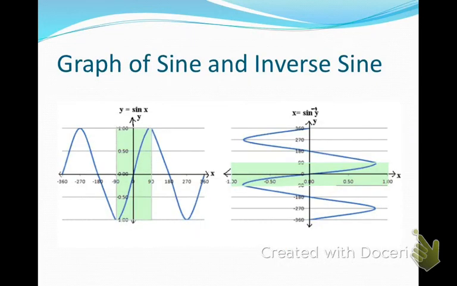So these graphs, like the parabola and the square root, are reflections over this line as well. What it makes it look like is that we've just turned the graph and gone in the opposite direction. So instead of going side to side, the inverse sine graph goes up and down. But the problem here is that we no longer pass the vertical line test. So whereas this is a function, this one is not a function.